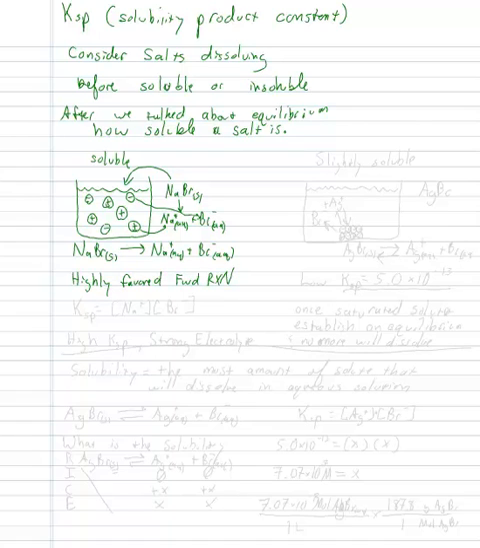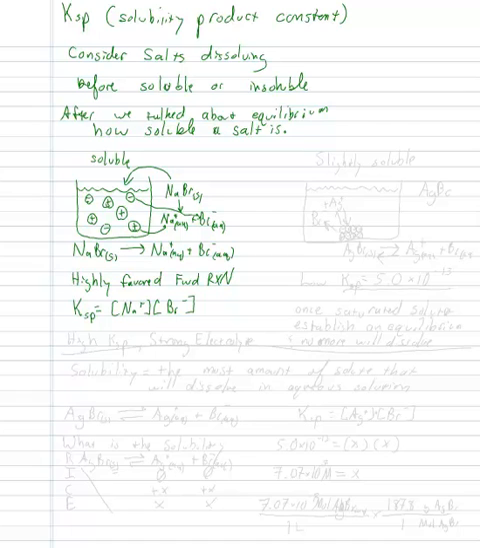In terms of K eq, the K for this reaction is equal to the concentration of Na+ times the concentration of Br-. Since it's a dissolved salt, they call it the Ksp.